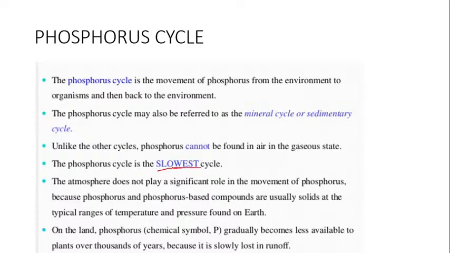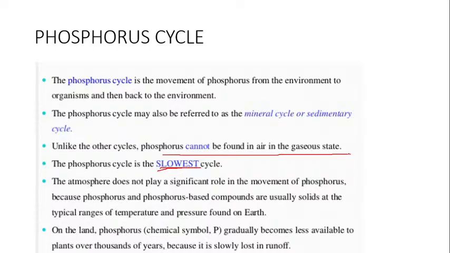Phosphorus cannot be found in the air in a gaseous state. Phosphorus is always found in an associated form.